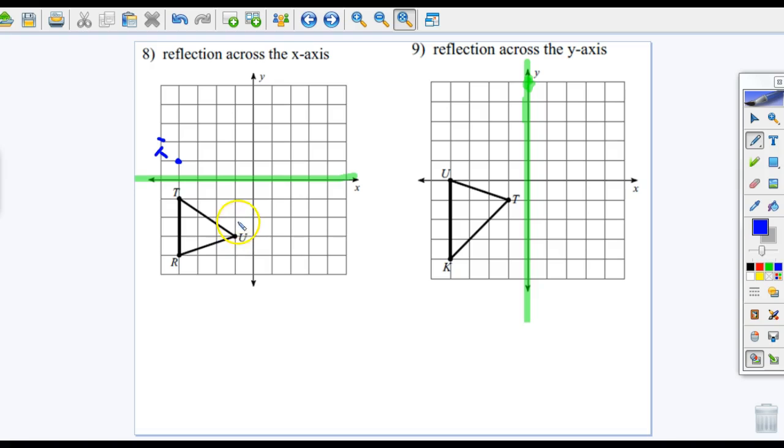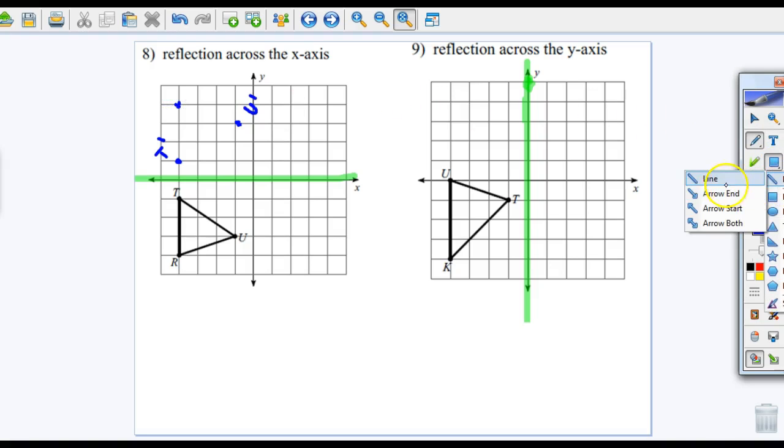From U, I go up 1, 2, 3, and then I count up again. 1, 2, 3. That's my U prime. For R, I want to count up 1, 2, 3, 4, and then up 4 again. 1, 2, 3, 4. And that gives me my new figure.